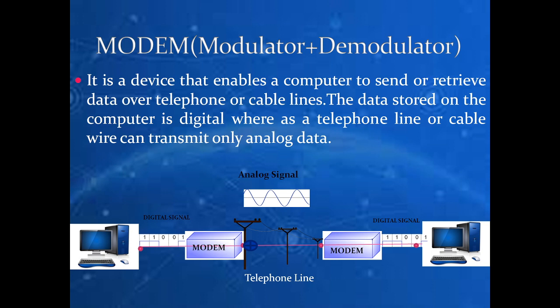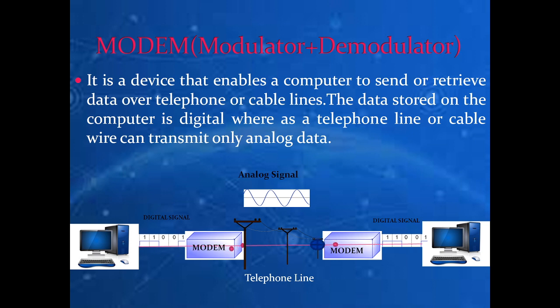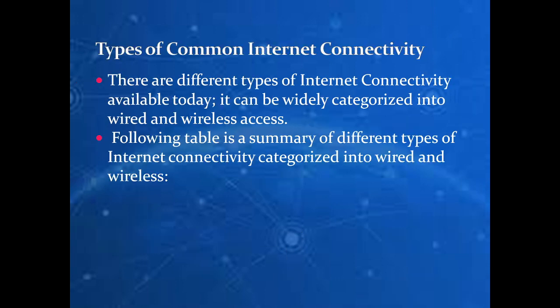So this is the most important device while using the internet, okay. So now see here, the digital signal can be converted to analog, and again analog signal can be converted to digital, and all these conversions are done with the help of modem. So the modem is going to do both modulation as well as demodulation.